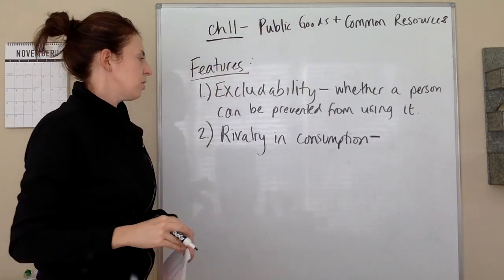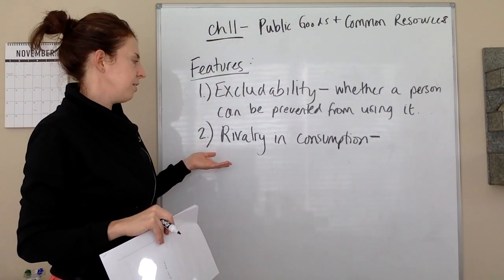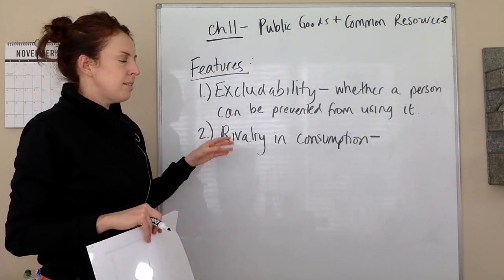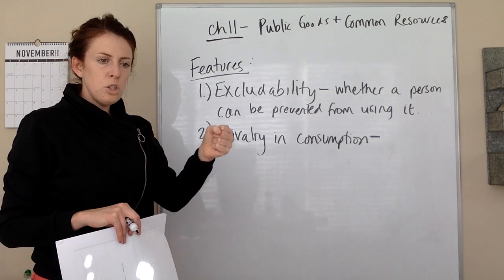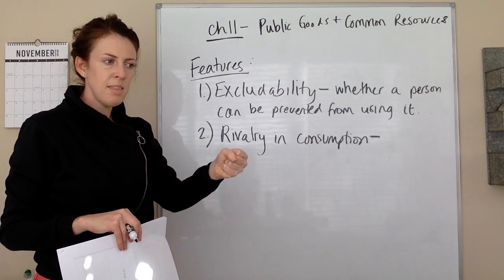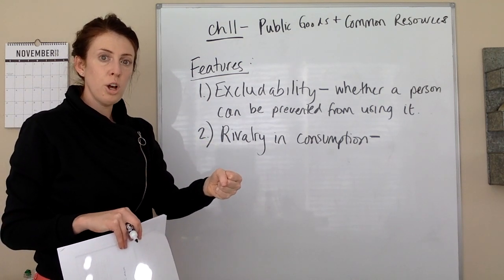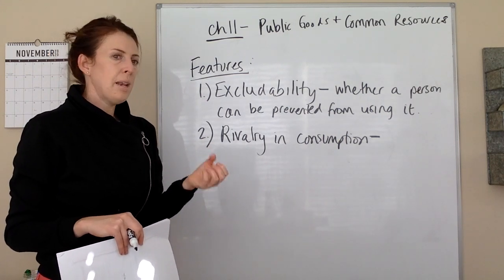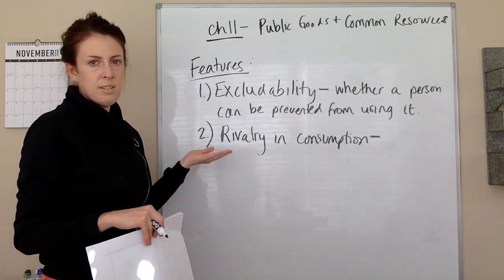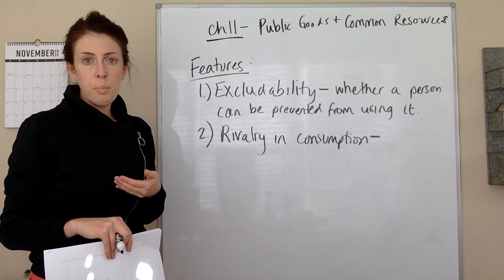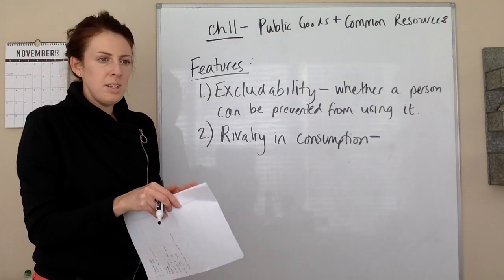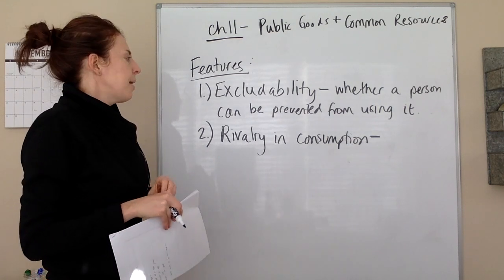If a good is rivalrous, that means if one person consumes the good, then that good that has been consumed is no longer available for someone else to consume. For example, an apple is rivalrous, because if I eat the apple, you can't eat it. As soon as one person consumes it, it's done with.